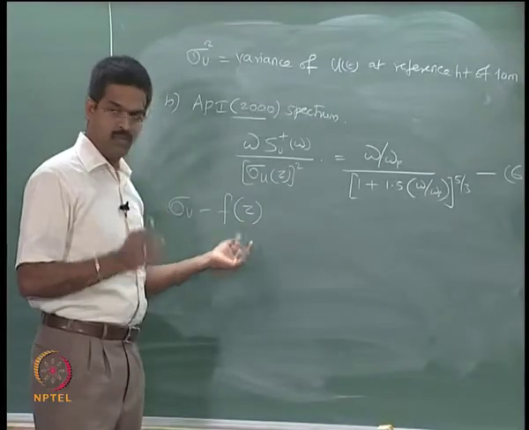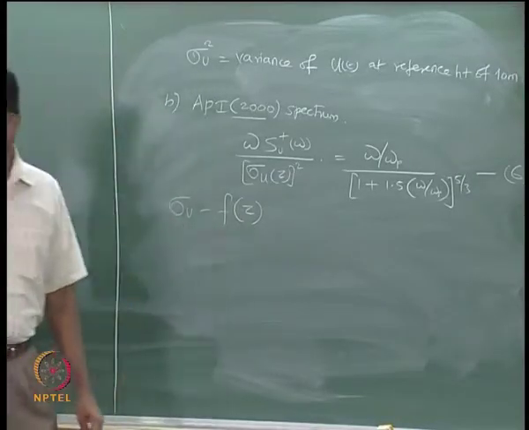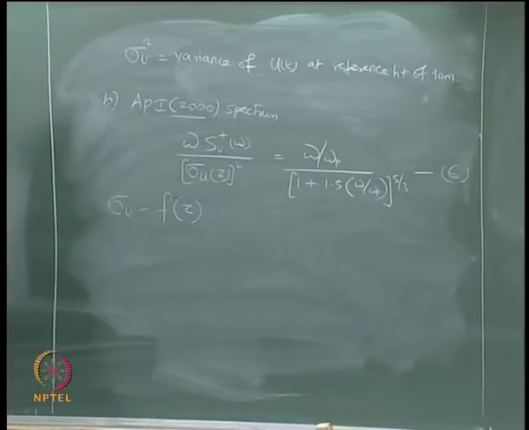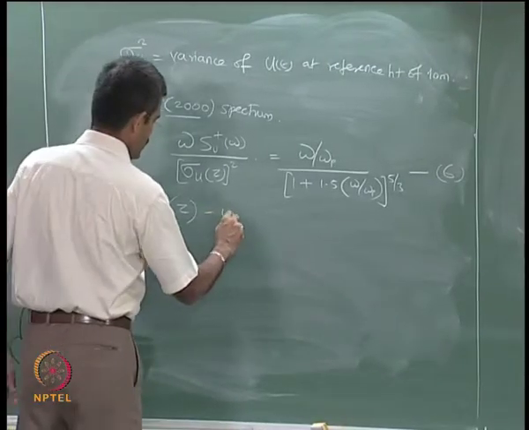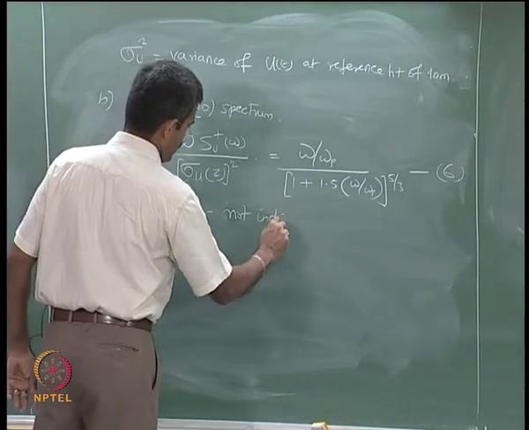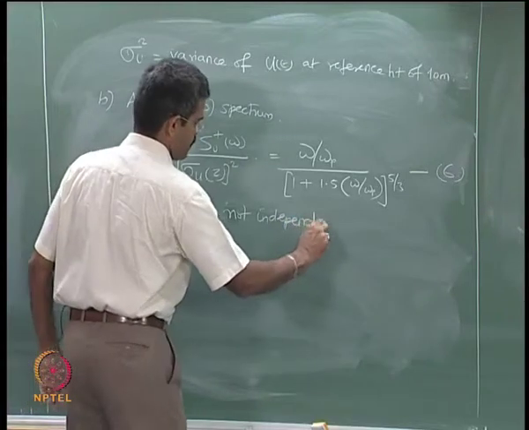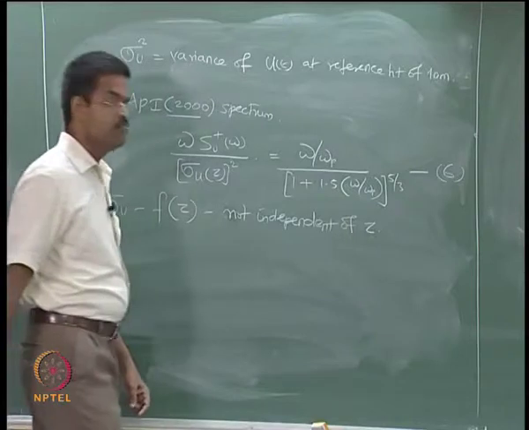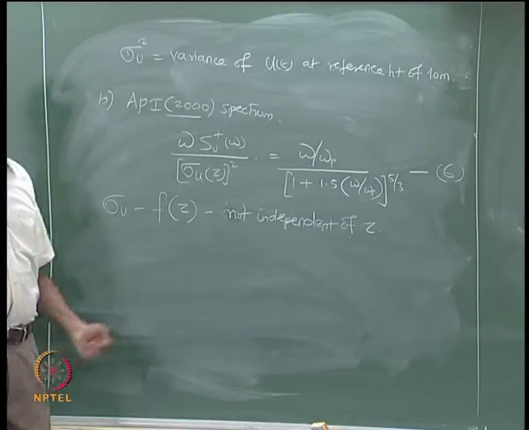Now, this is a function of depth also, or I should say height. So, this is not independent of z. That is the catch in API spectrum.